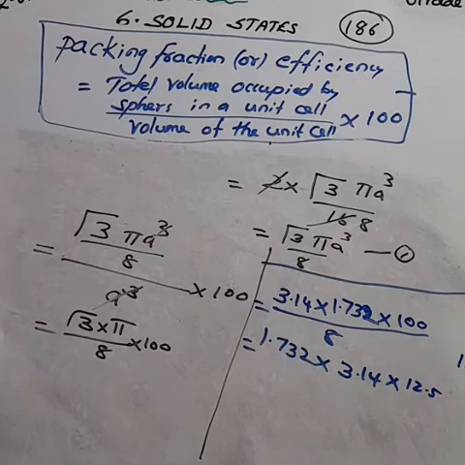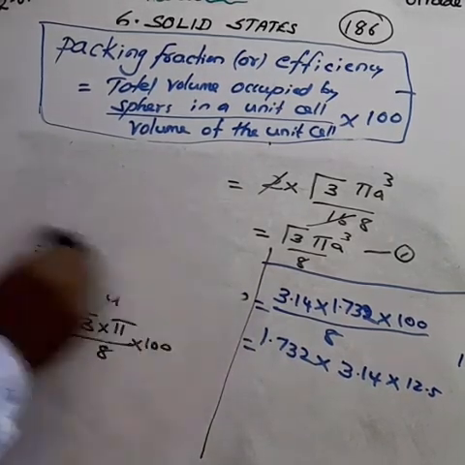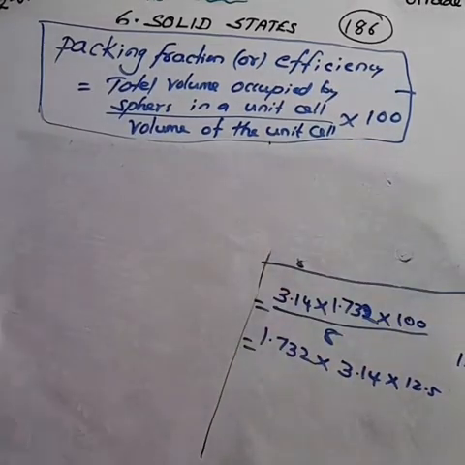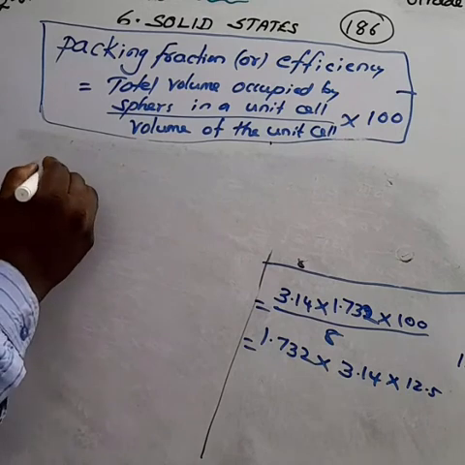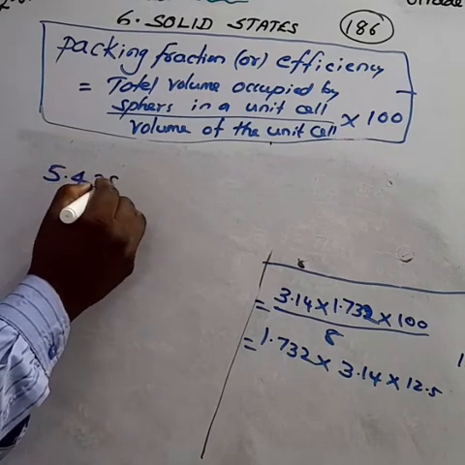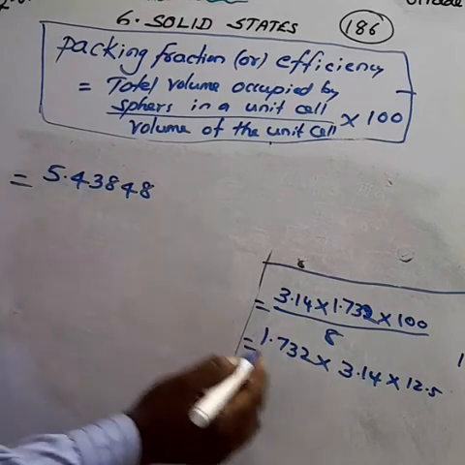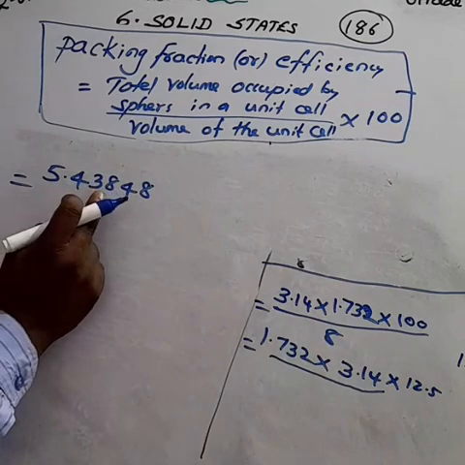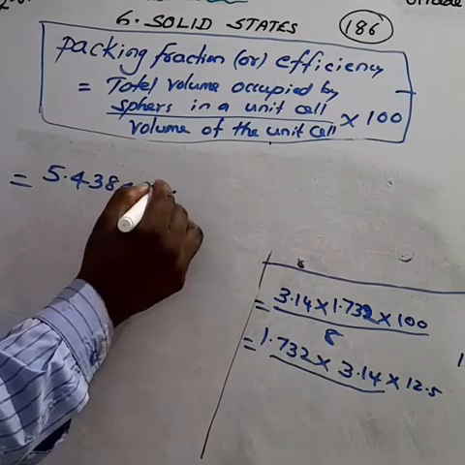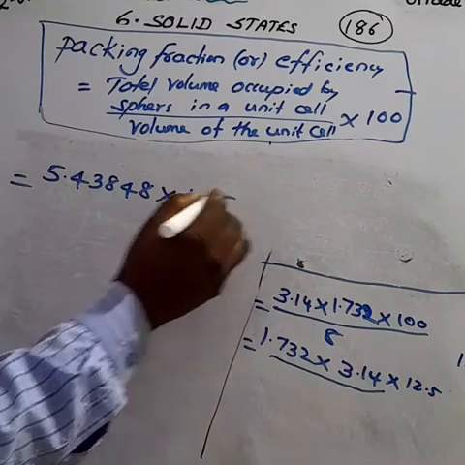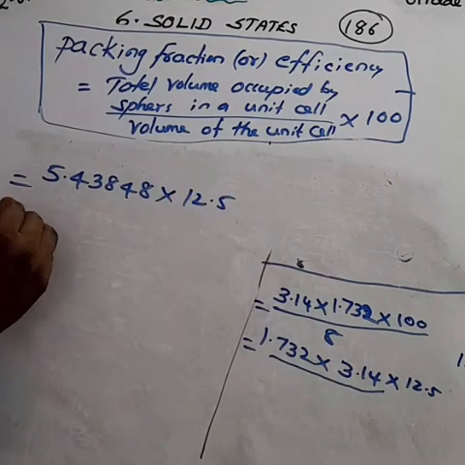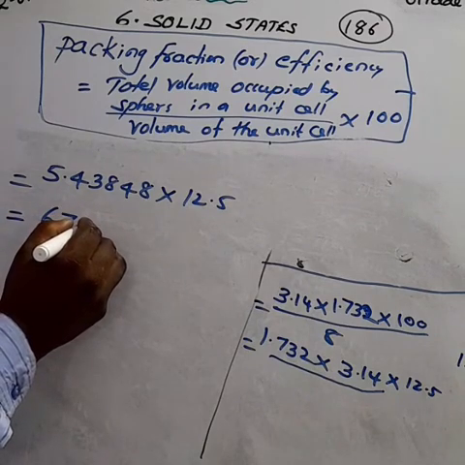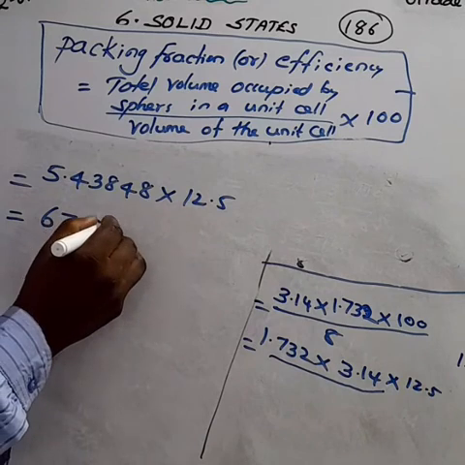So I am doing ordinary multiplication. 1.732 into 3.14 gives about 5.43848. Then 5.43848 into 12.5 gives about 67.98100.